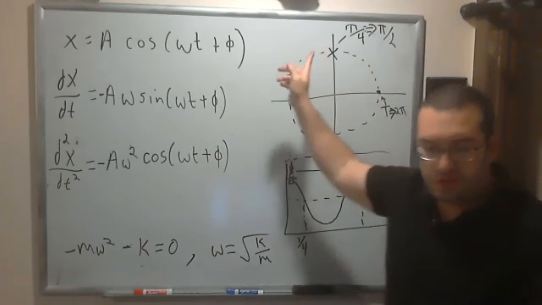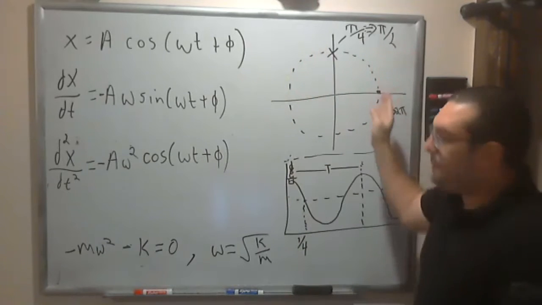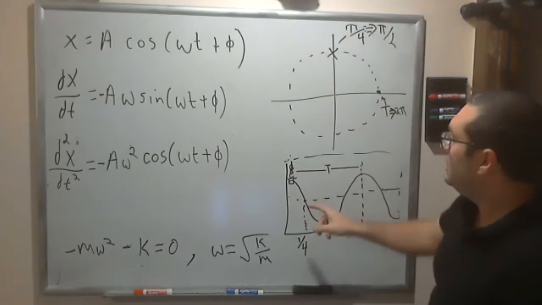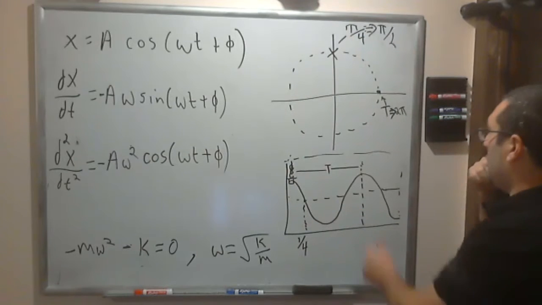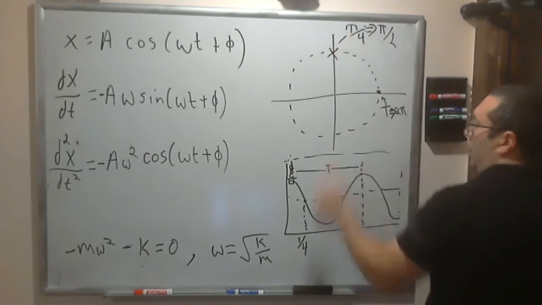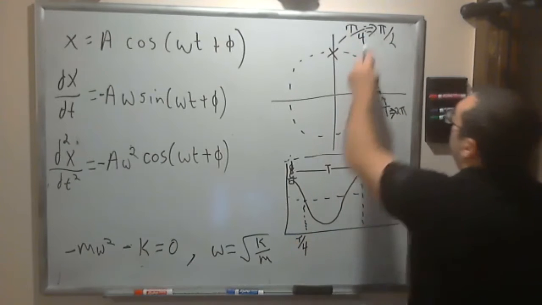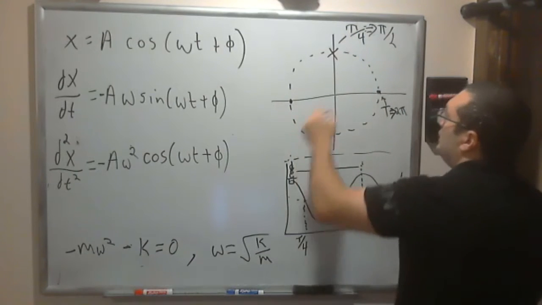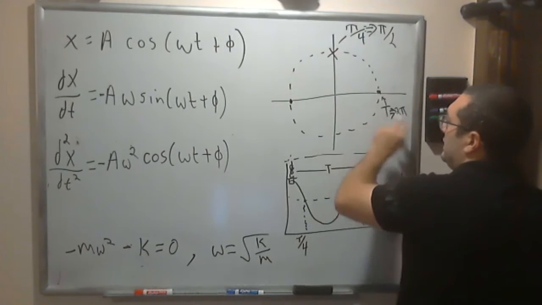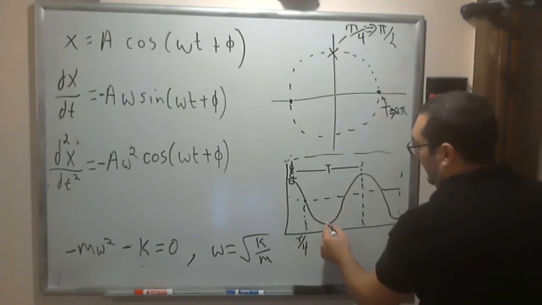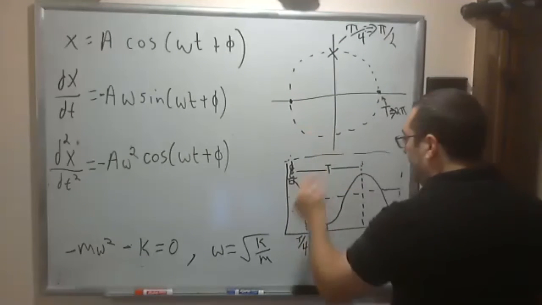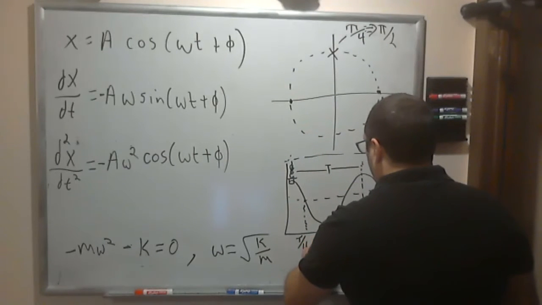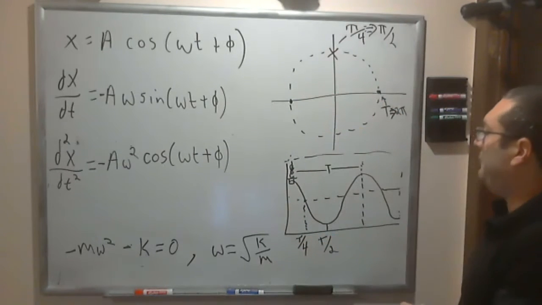So we relate this to positions on a circle, the cyclical motion. So 1/4 T corresponds to pi over 2. Over here, the motion is at pi, and this corresponds to 1/2 T, halfway around.